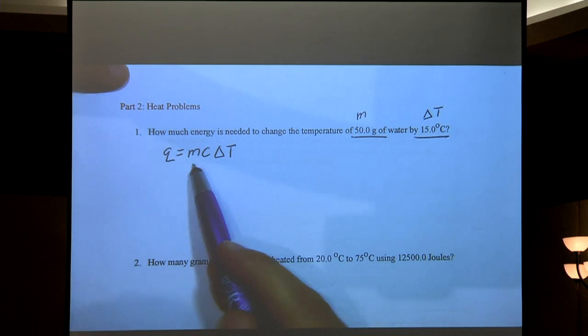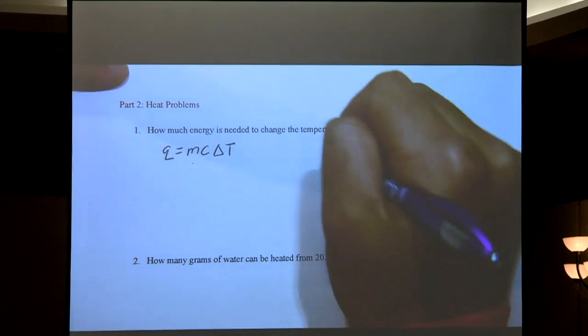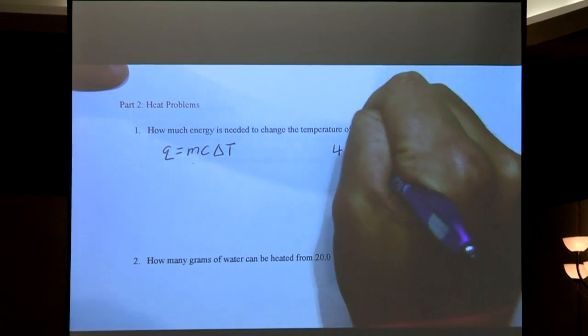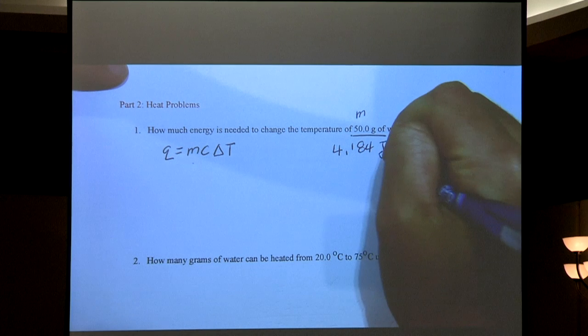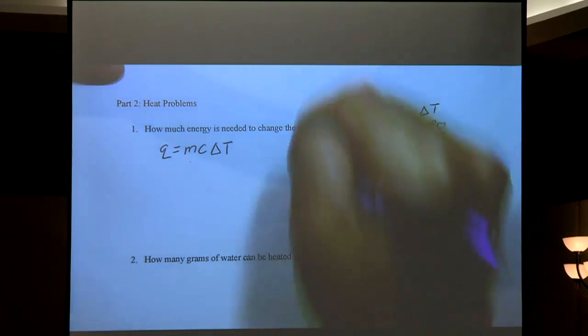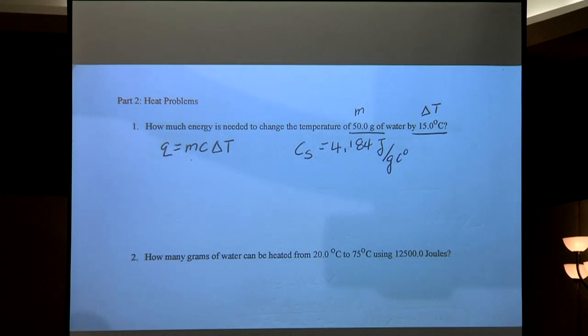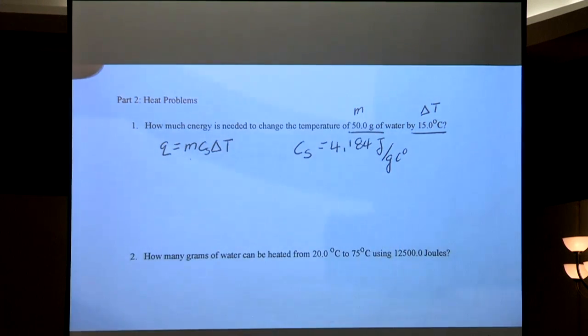So we have a mass, we have a delta T. Do we know the specific heat of water? It's 4.184 joules per gram times degree Celsius. That equals my CS, specific heat. I'll put an S here.